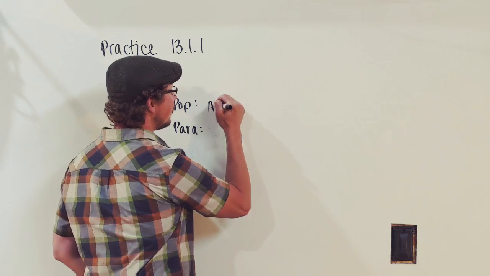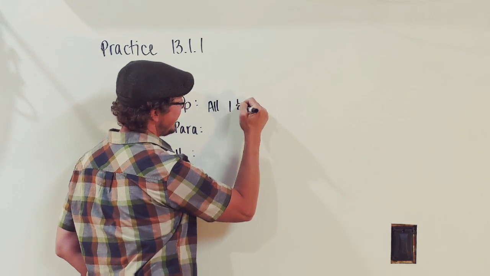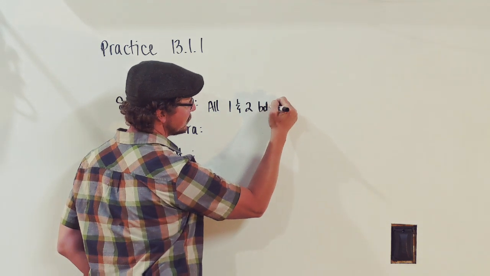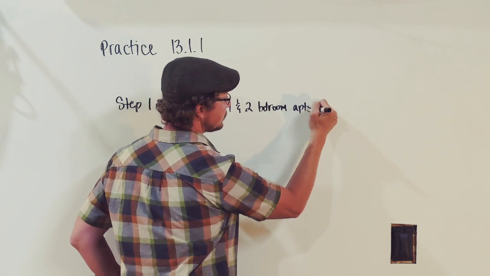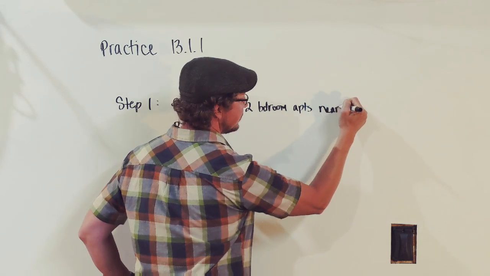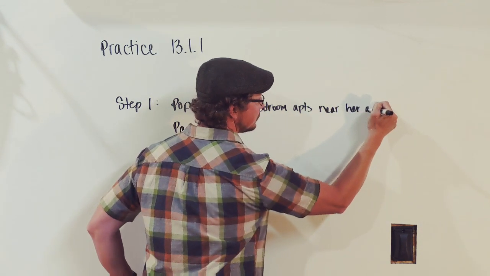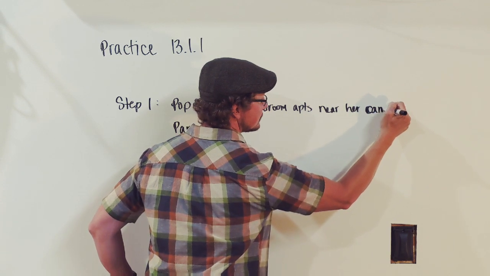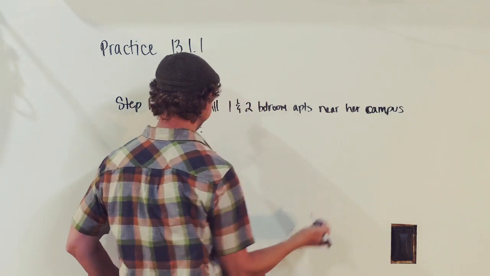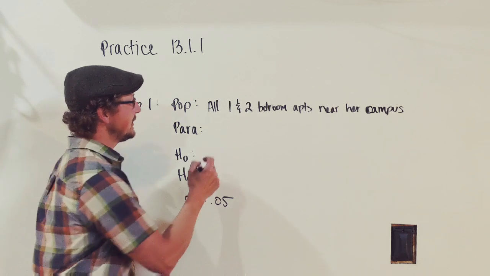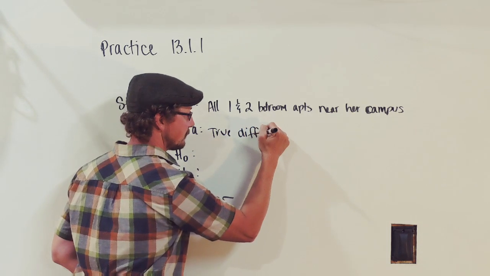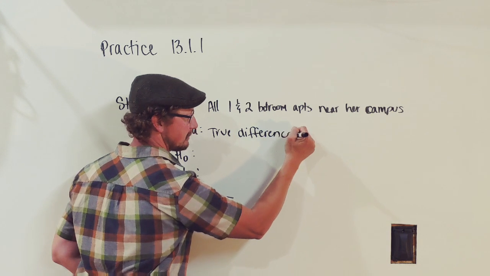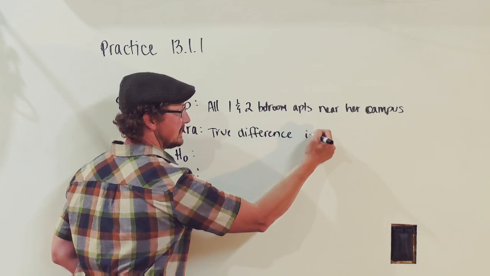Okay, so population. This would be all 1 and 2 bedroom apartments near her campus. The parameter is going to be the true difference in dollars.